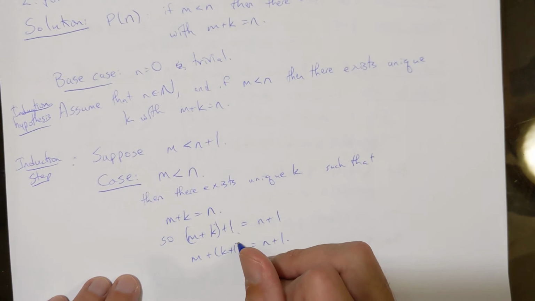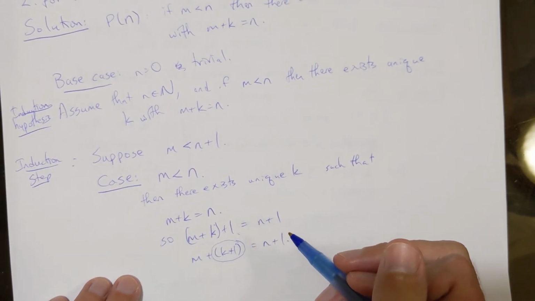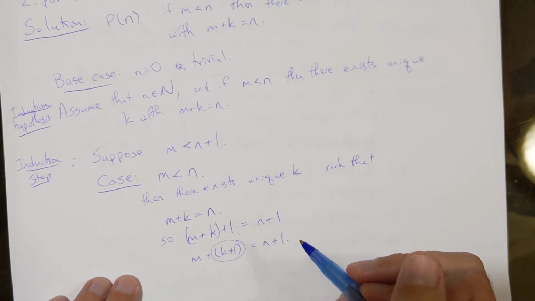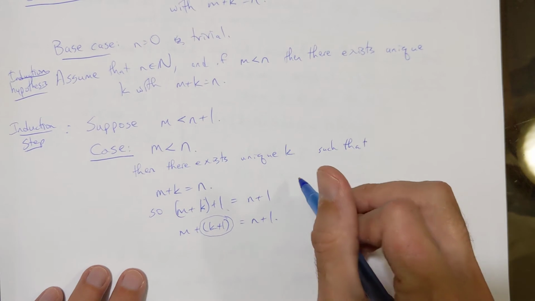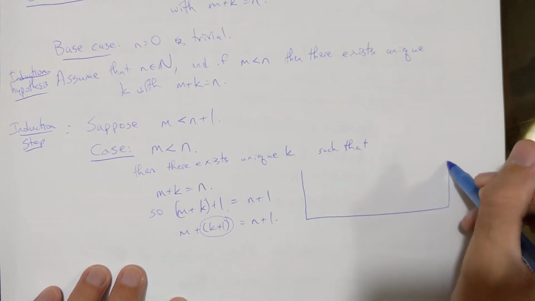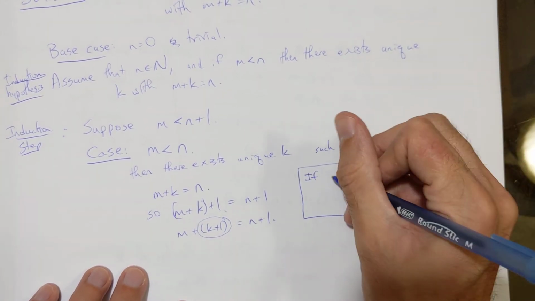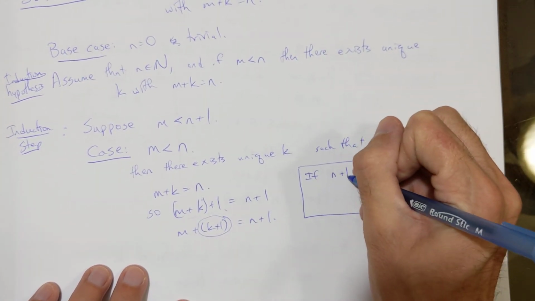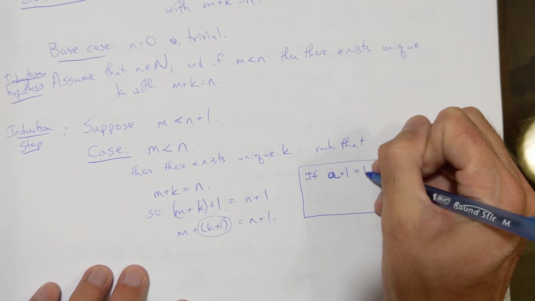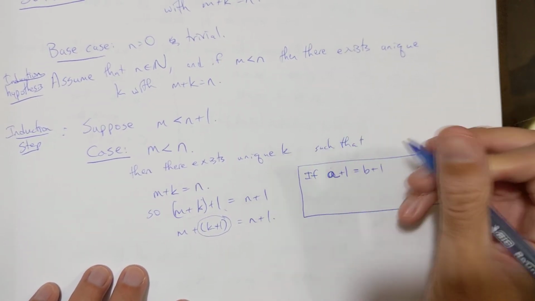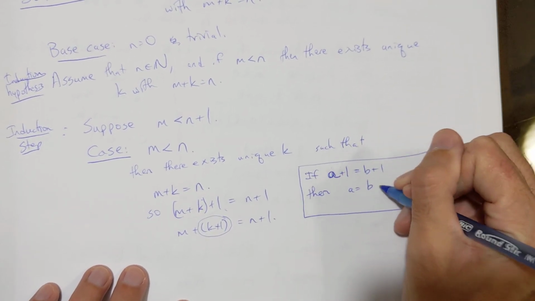Now there's the question of whether or not this is unique. That suggests the following question, which I'll put in a box here. Essentially, I'll use different letters, if a plus 1 equals b plus 1, then a equals b.